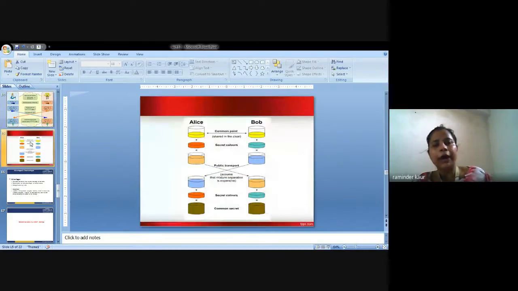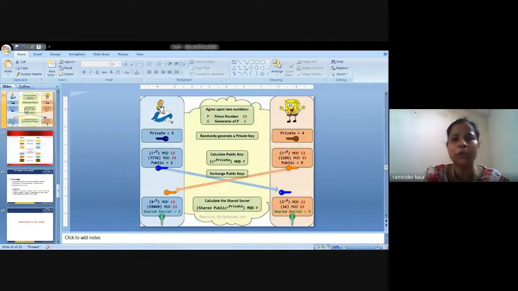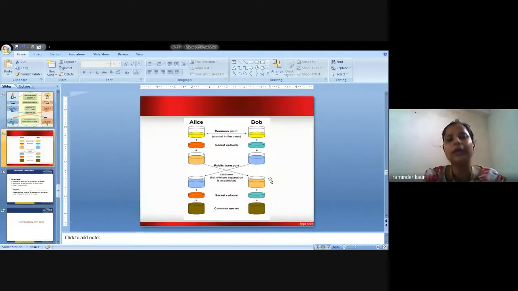I hope you understand the Diffie-Hellman key exchange algorithm in detail and in an interactive manner, because I have shown you multiple examples with a step by step algorithmic representation, then a step by step graphical representation, then an overview in the form of a picture, and then another graphical representation of learning this algorithm.